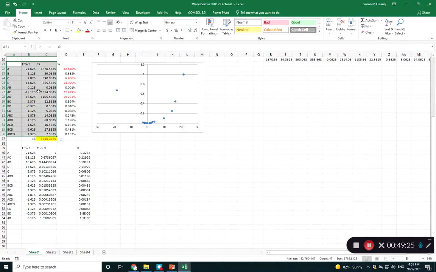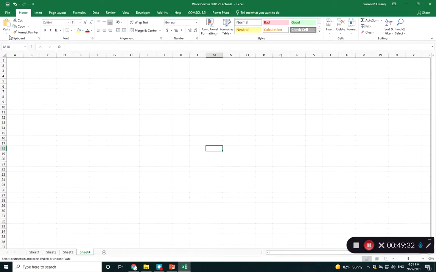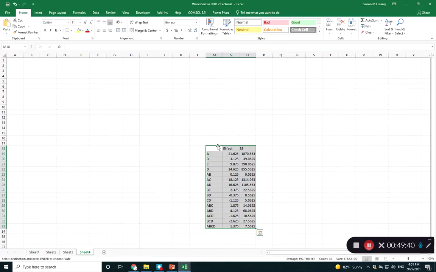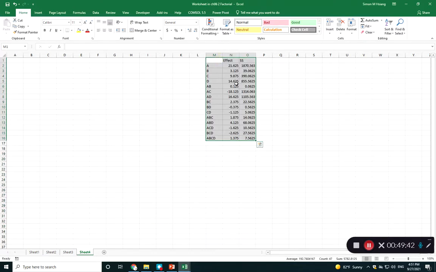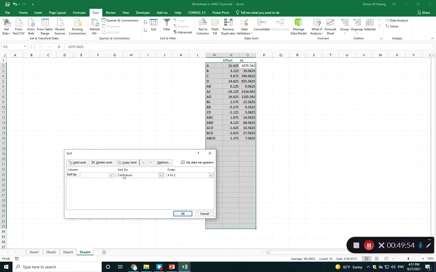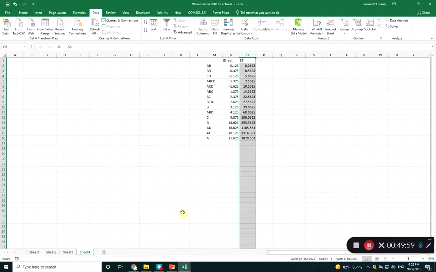You copy this, and then you paste special values. You copy and paste all of them, and then you just do a data sort. Let me sort the sum of squares.